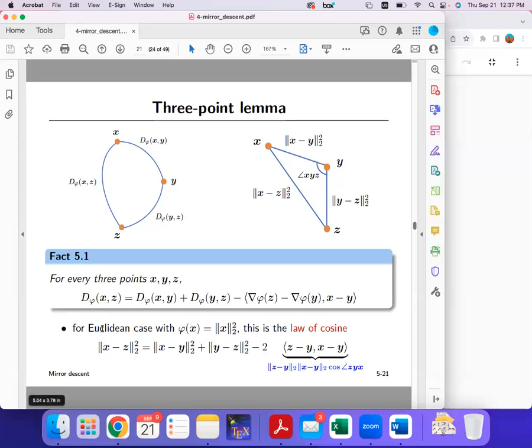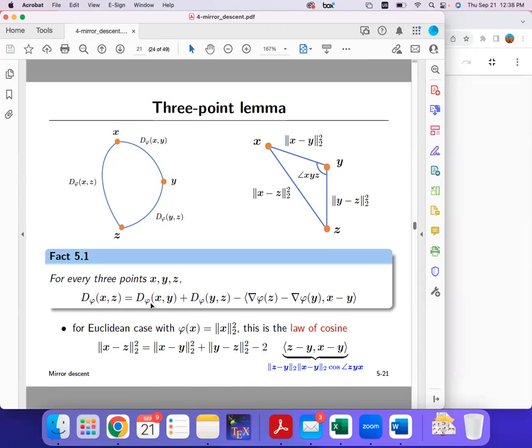In fact, if we choose phi to be the squared Euclidean distance, then D_phi(x,z) will simply become the Euclidean distance between x and z, and this formula simply reduces to the law of cosines. For x, y, z, three points in Euclidean space, their distances satisfy this cosine law.